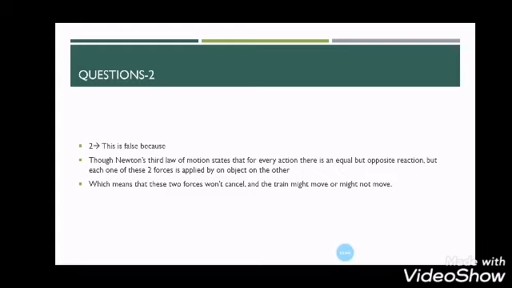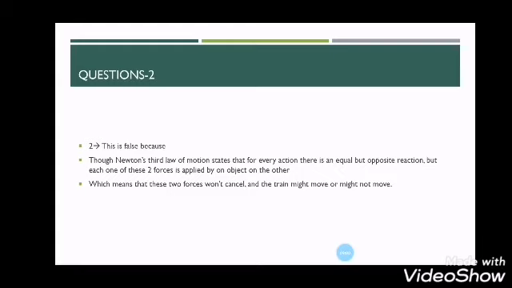This is false, because though Newton's third law of motion states that for every action there's an equal but opposite reaction, each one of these two forces is applied on the object by the other. So we are talking here about two objects, each one is applying a force on the other.